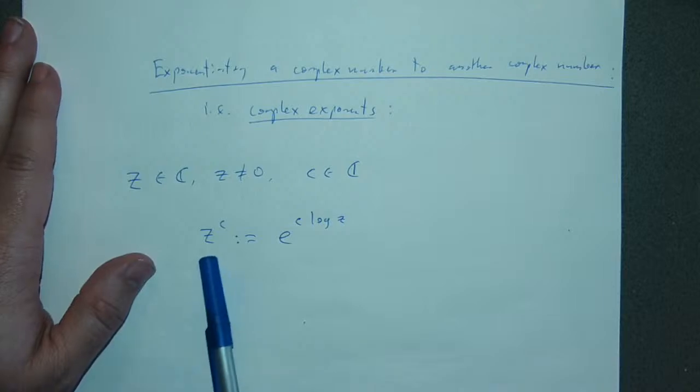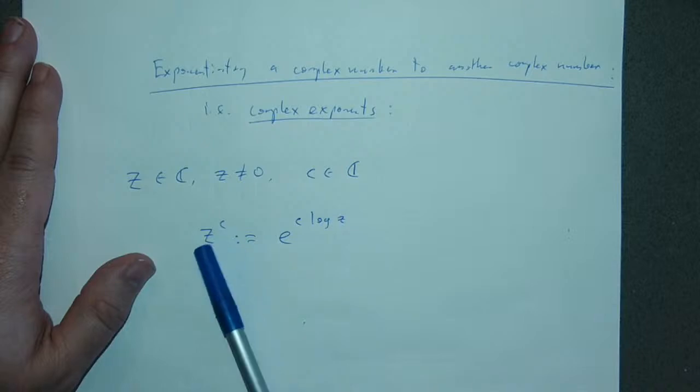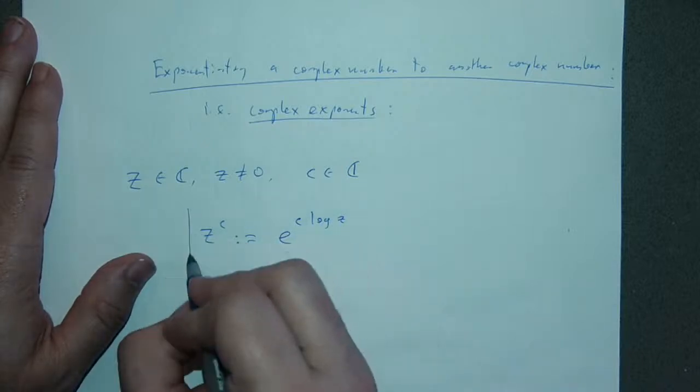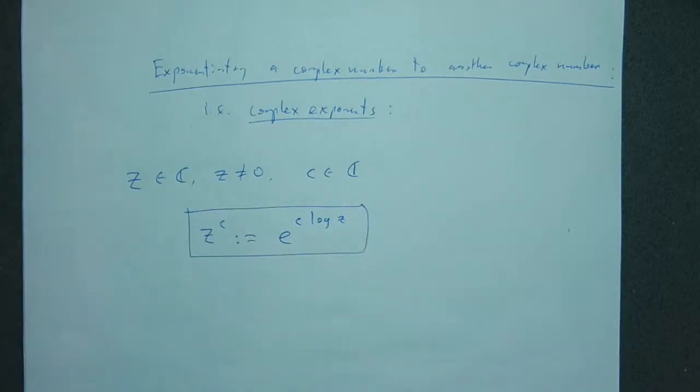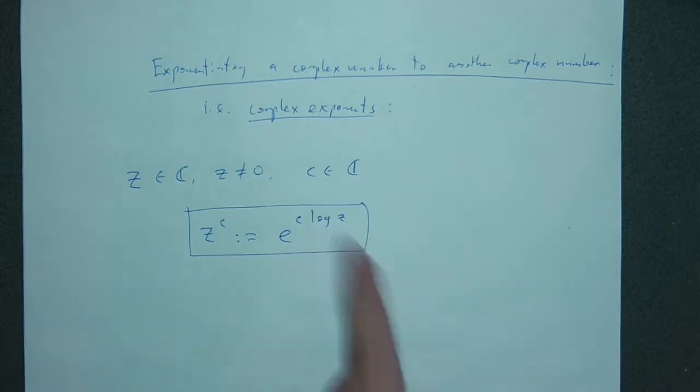So when you see this symbol, you can think of it simply as notation, and what's actually going on is I'm defining this symbol by this expression. The reason why this is nice is now I don't have to do any further work in showing some basic properties of this, because I already know them from properties that we've earlier shown of the exponential function and now this log function.